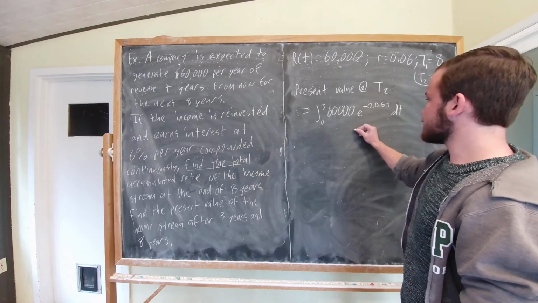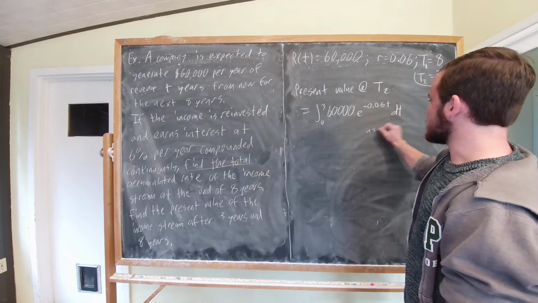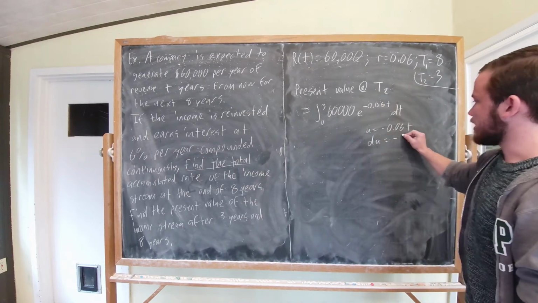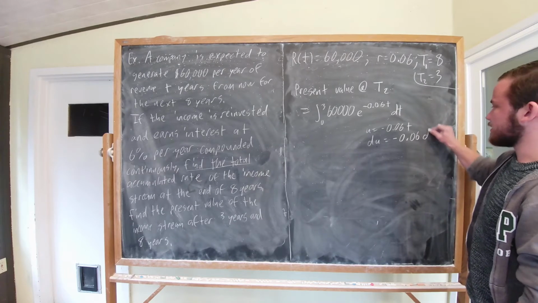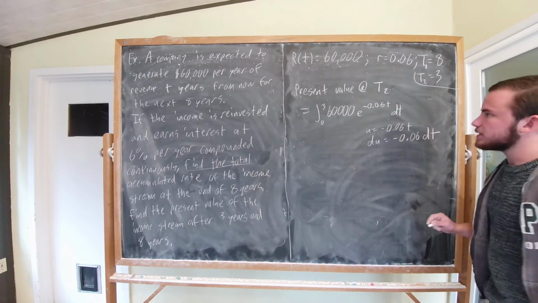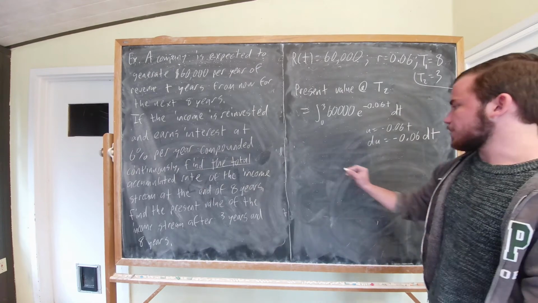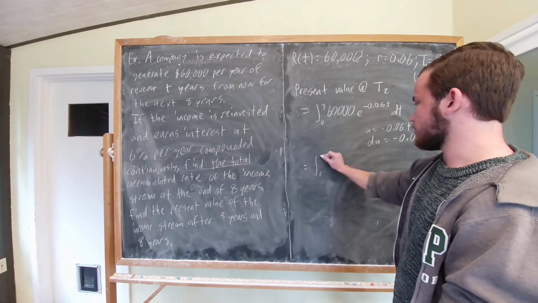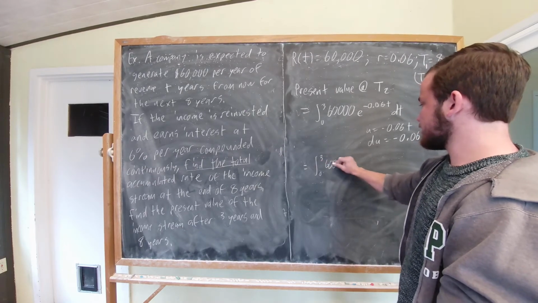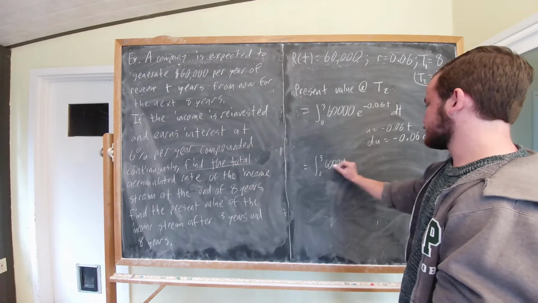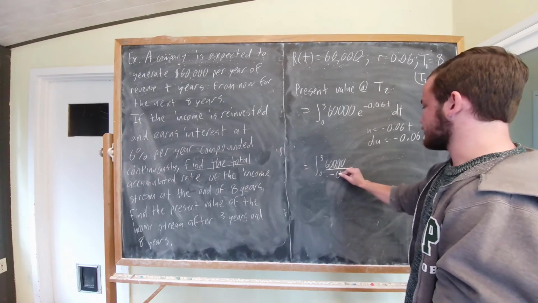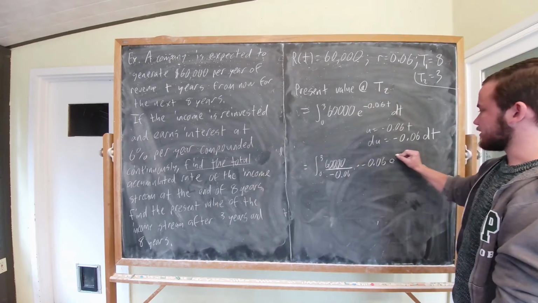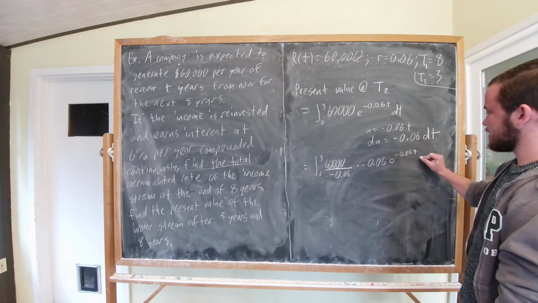If you did the u sub, u is equal to negative 0.06 t, then du would be negative 0.06 dt, which would mean this is really the integral from 0 to 3 of 60,000 divided by negative 0.06 times negative 0.06 e to the negative 0.06 t dt.